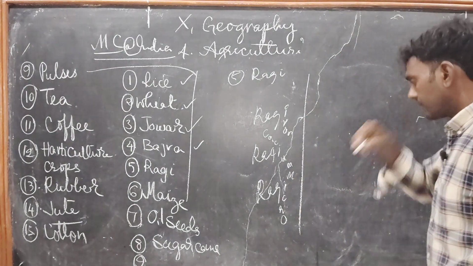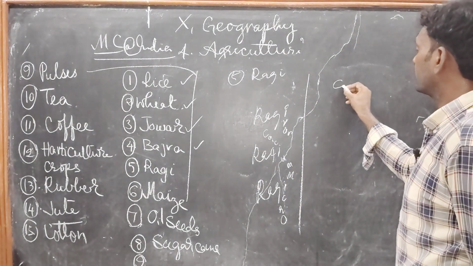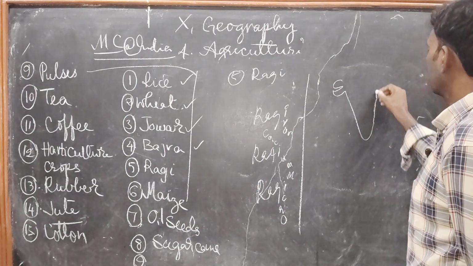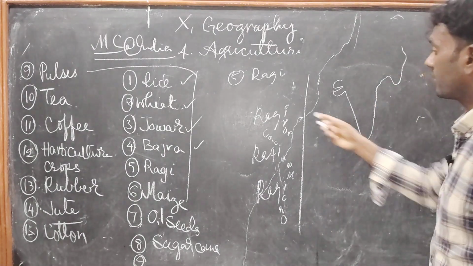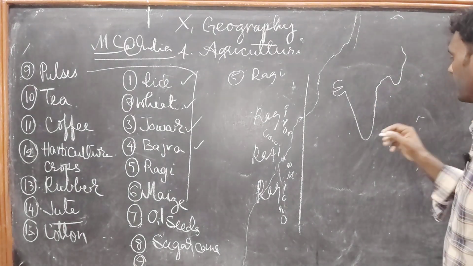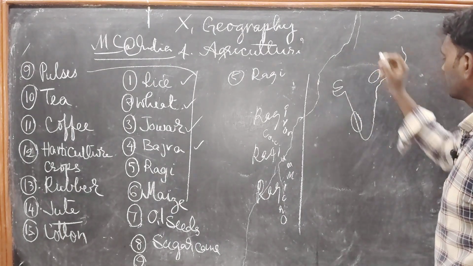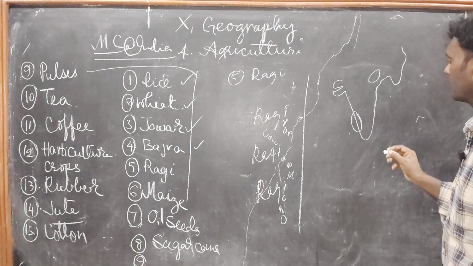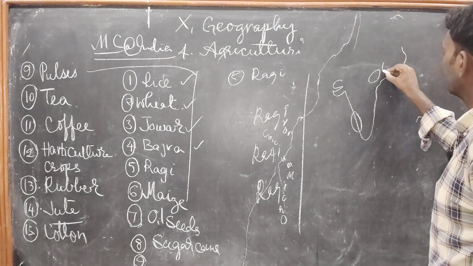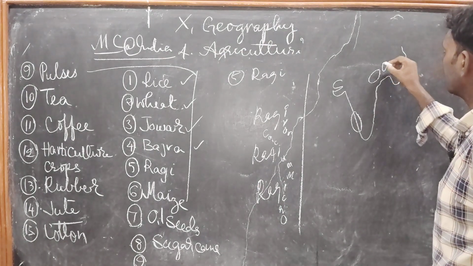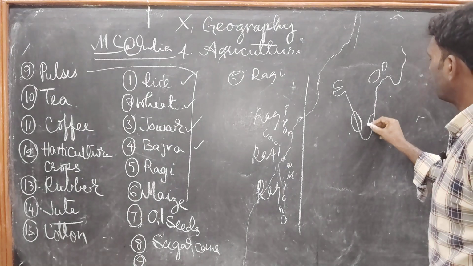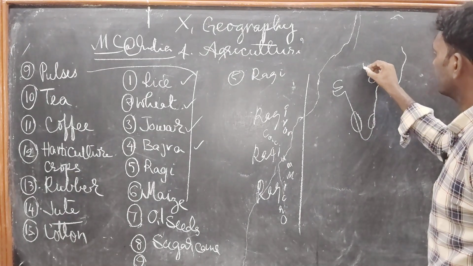Apart from that, the states which are cultivating ragi crop, see, Karnataka, Jharkhand, and Sikkim, and Tamil Nadu, Uttar Pradesh.